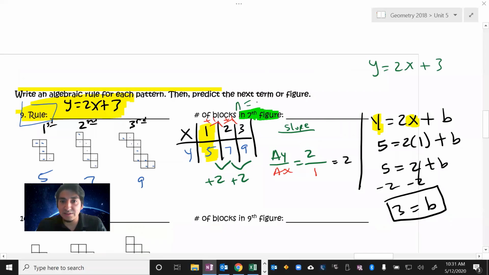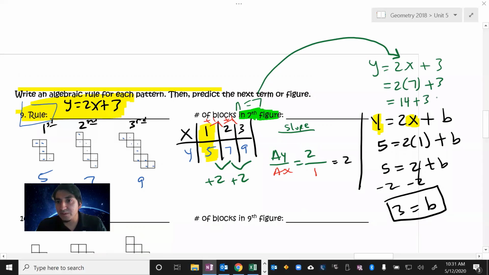So here n is equal to 7, and you want to plug it into your x. So that means you have 2 times 7 plus 3, which is 14 plus 3, which is 17. So you will have 17 blocks for the 7th figure.